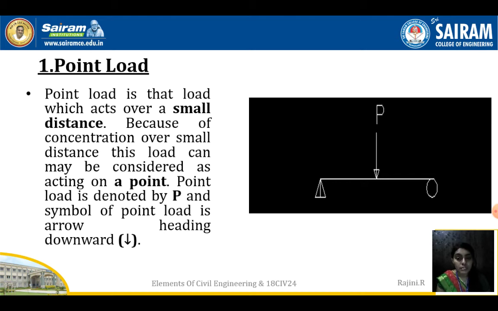Because of concentration over a small distance, this load can be considered as acting on a point. That means in any structure or beam, this load will act only at the particular point, right? So that's why it is called a point load and also concentrated load.